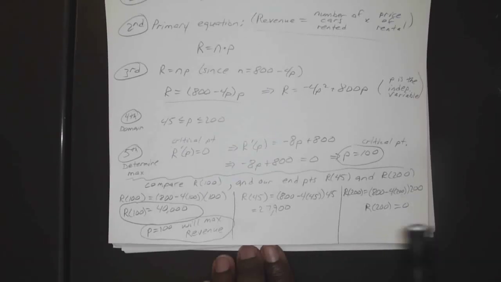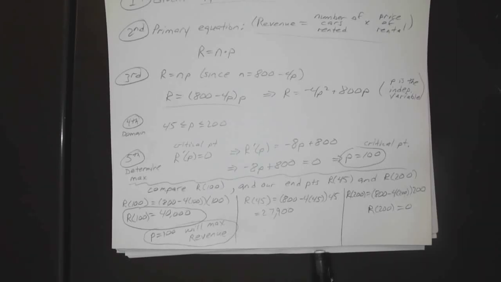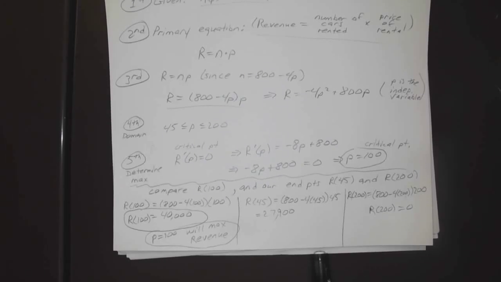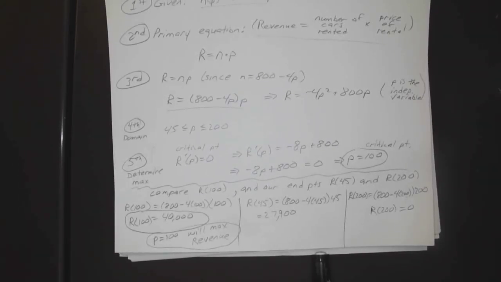You don't have enough information to figure out the profit. We'd have to know cost and maintenance and salaries and all that other stuff. So what does 800 equal in this equation? I think that's just the price of rental.